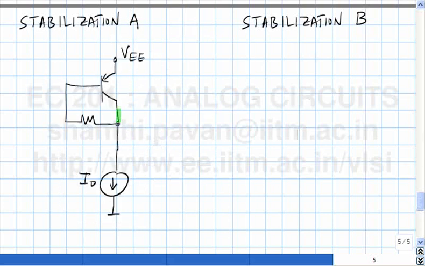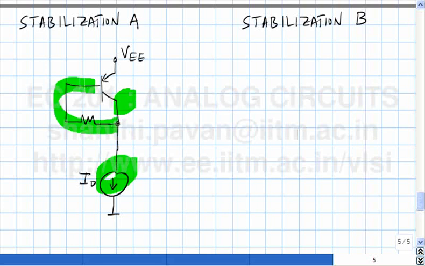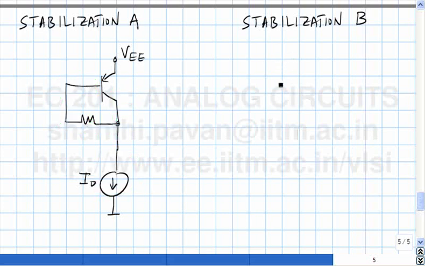This compares the collector current with the reference current and applies feedback at the base. The other thing to do is to compare the emitter current with the reference current and apply corrective feedback at the emitter itself.